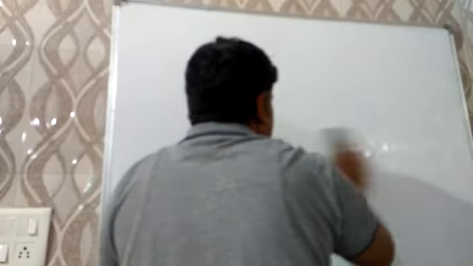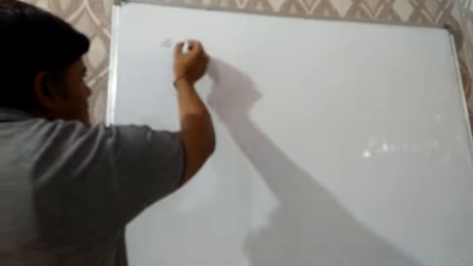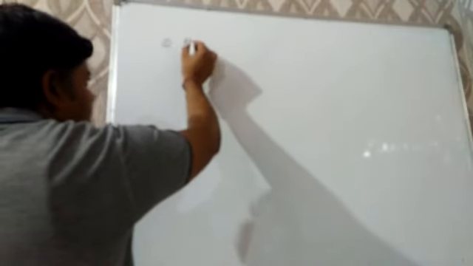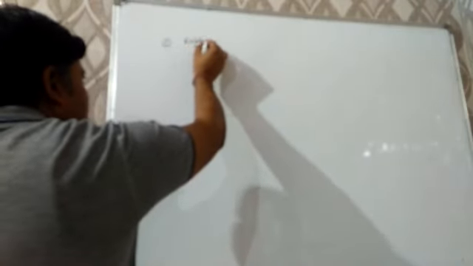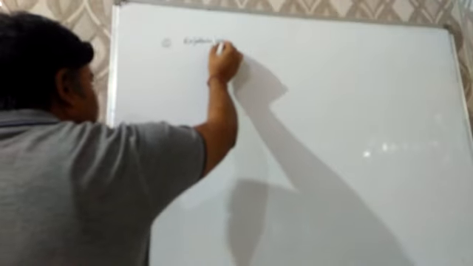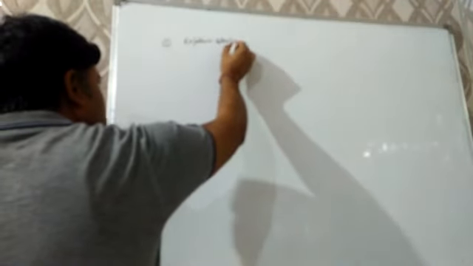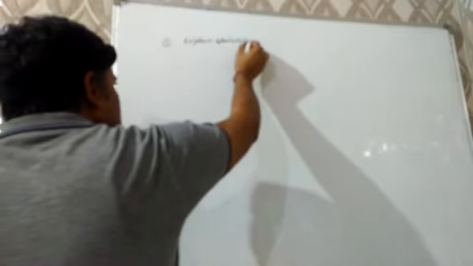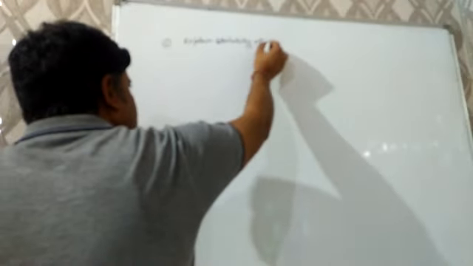Now we will discuss the various applications of the Bohr atomic model. First, it explains the stability of the atom.